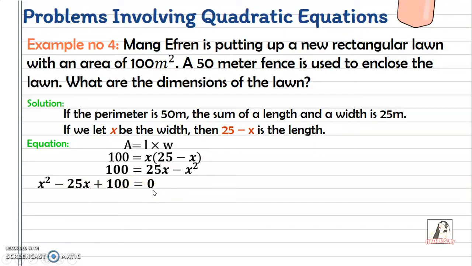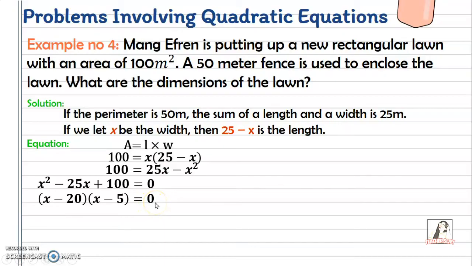So, ngayon, mag-iisip na naman tayo ng dalawang numbers na kung saan kapag pinag-multiply natin, ang sagot ay 100, and kapag pinag-plus natin, ang sagot ay 25. So, those numbers are 20 and 5. So, the factor of this equation is x minus 20 times x minus 5 equals 0.